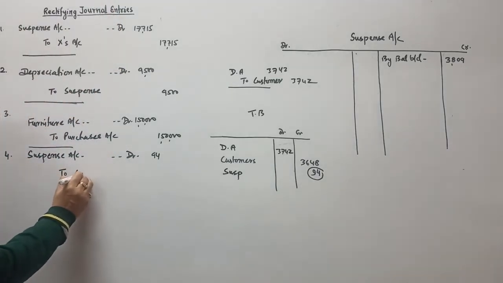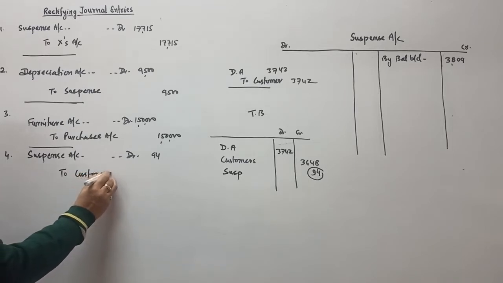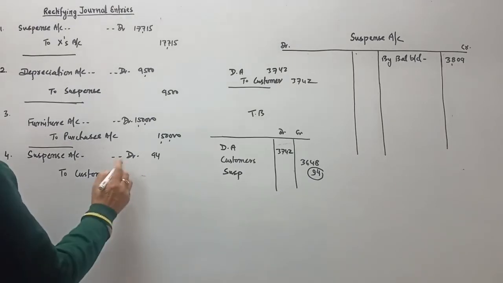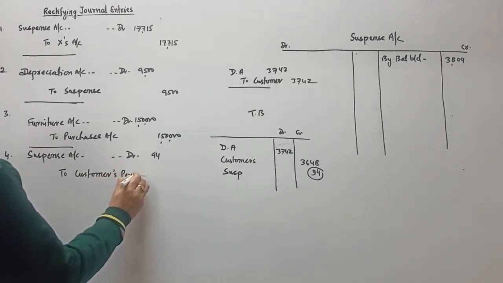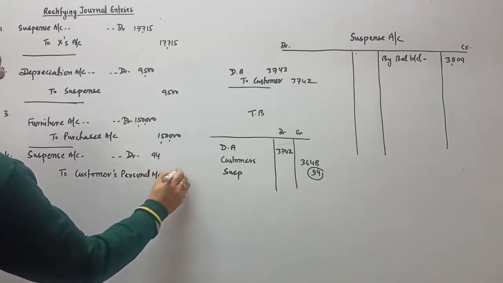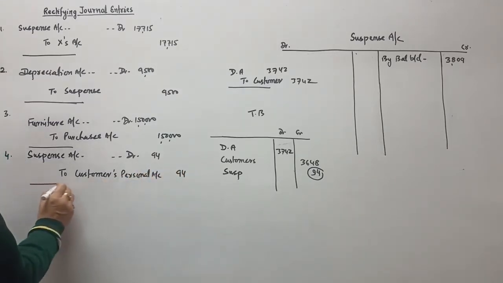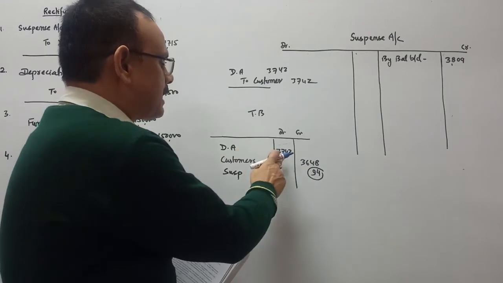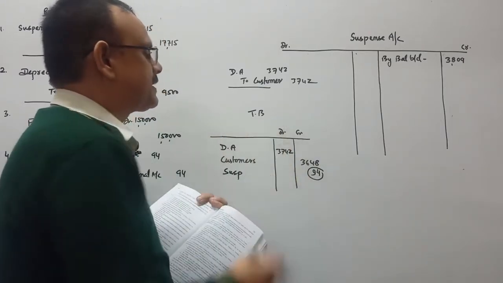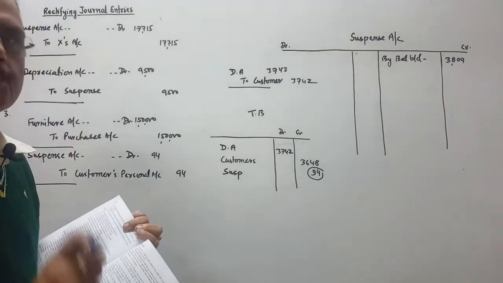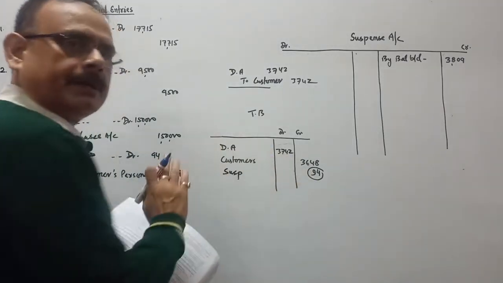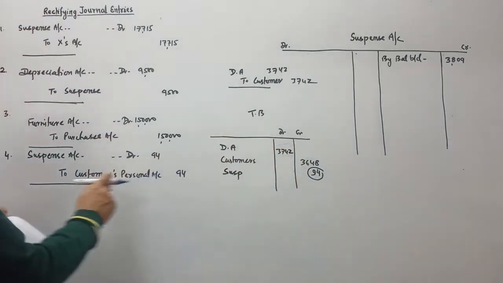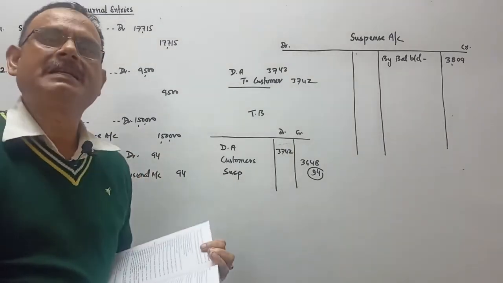Now we have to credit the customer's personal account by that amount, 94 rupees.